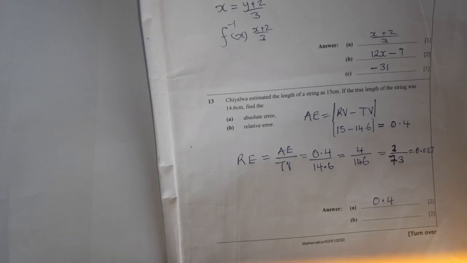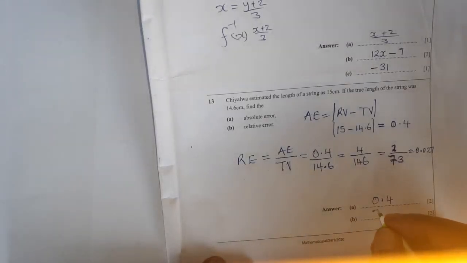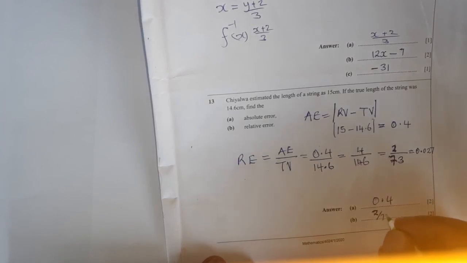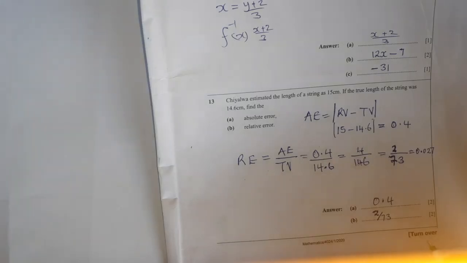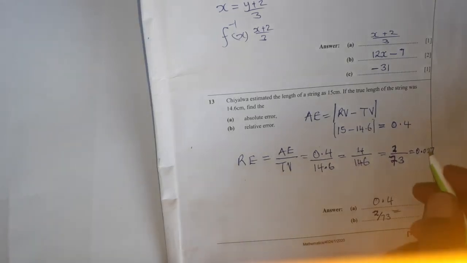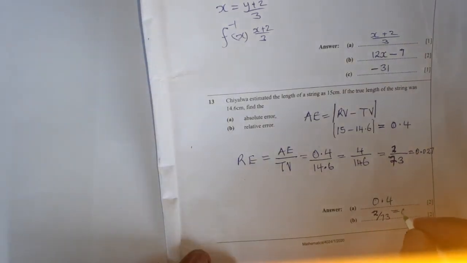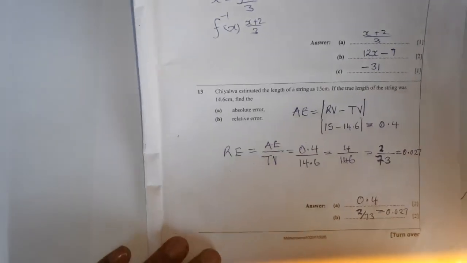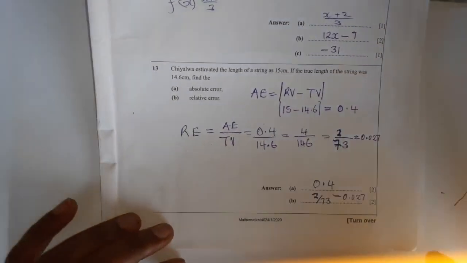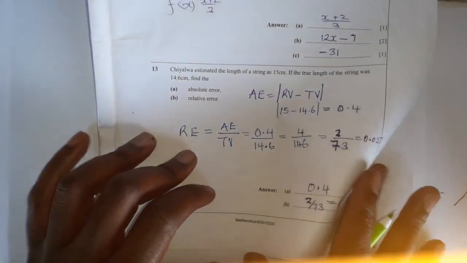You can leave it at this point rather than force yourself to divide this, which may give you a very big number. I think we can say 2/73. When you divide it and round it off, it will come to 0.027. But this one is okay for paper 1, considering the fact that you do not have a calculator. We move on to the next question.